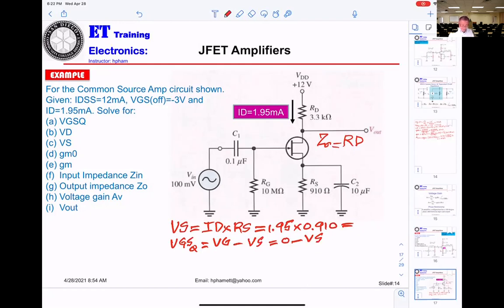And if they want the gain, I given you the formula for the gain.